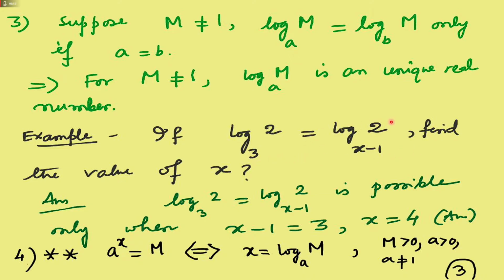That means log 2 base x minus 1 is equal to log 2 base 3 if and only if x minus 1 is equal to 3. That means the bases will be equal. Okay. So from here we can get x minus 1 equal to 3 and x is equal to, hence, 4.